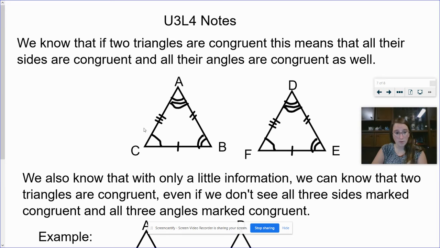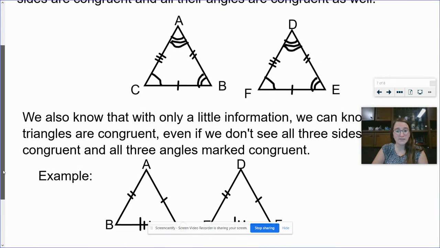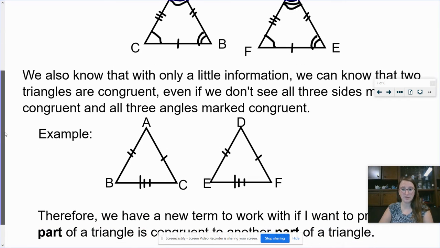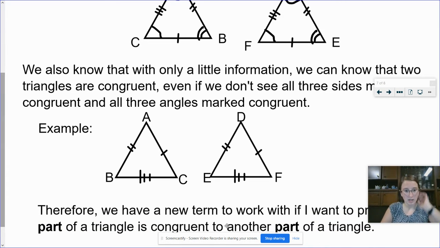We also know that with only a little bit of information, we can know that the triangles are exactly the same. Even if we don't have pictures where all the sides and all the angles are marked congruent, we can know that they are congruent. For example, I only have the sides marked congruent here.